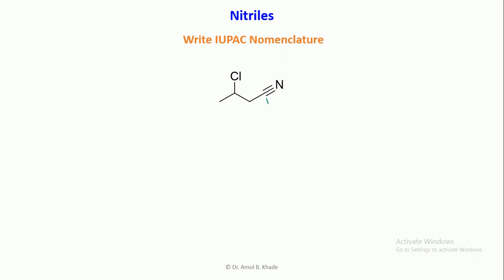So this is a carbon, so I can start the numbering here. A halogen atom will have the least priority, so this will be 2, this will be 3 and this will be 4. So here the nitrile is not present as a substituent, it is a part of the parent chain. So we cannot write cyano here, so we have to write the substituent as 3-chloro, and it is a butane.